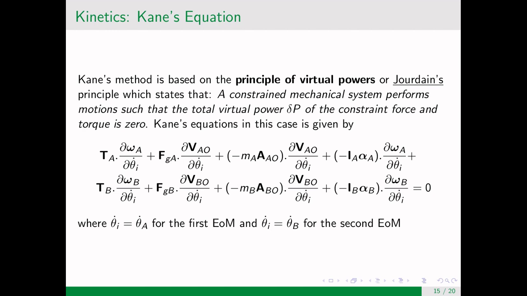So your external forces on the entire system are the net torque A and net torque B, the force of gravity on both the bodies, and then you have the inertia force, which is minus ma on both the bodies, and inertia torque minus I alpha on both the bodies. Okay, the sum of all of this is 0, and each of these is dot product with the corresponding velocities.